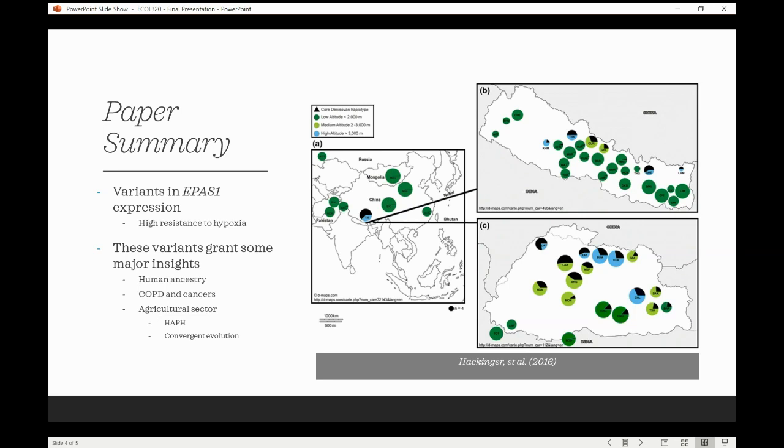We can see that as we increase in altitude, we actually see an increase in the presence of the Denisovan haplotype. And this actually gave insight into how early humans may have interbred with ancient human species like Denisovans in the past to be able to cope with high altitude environments.